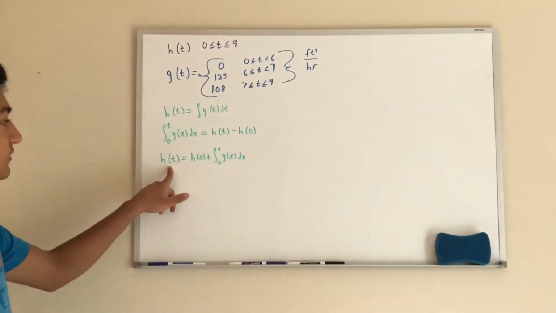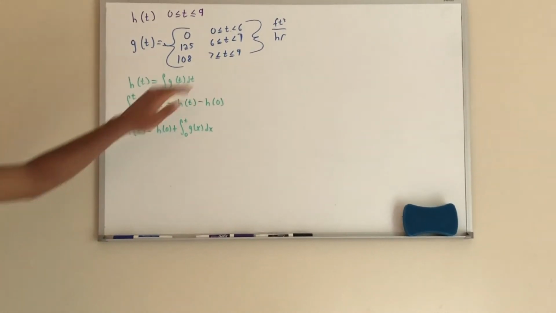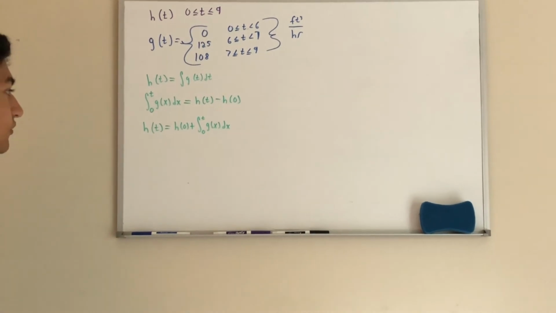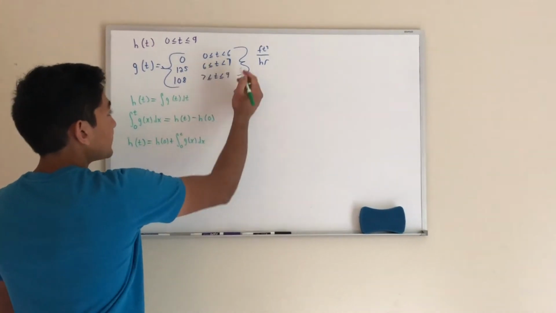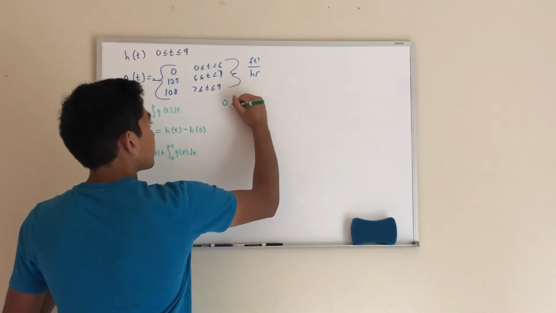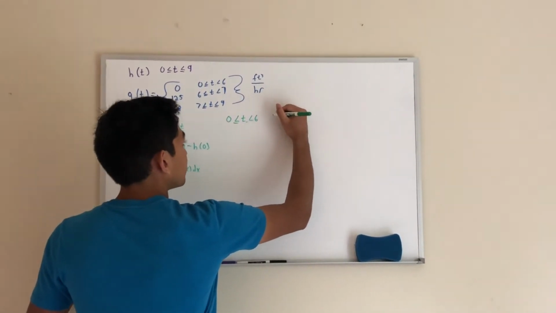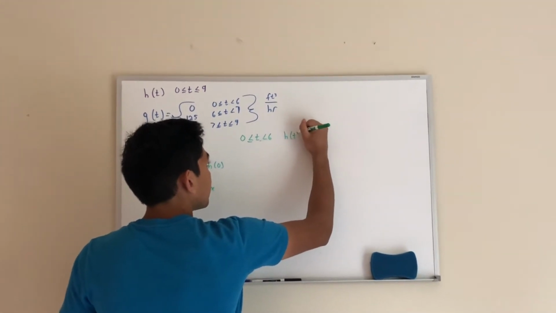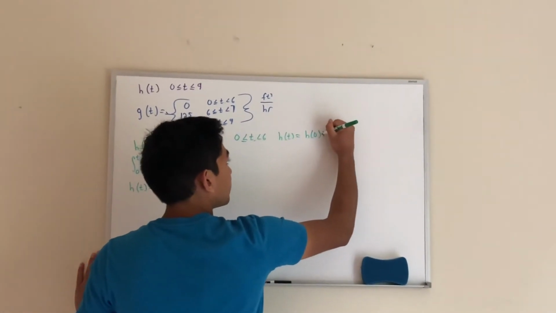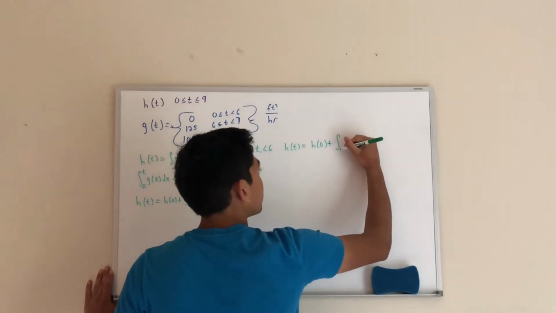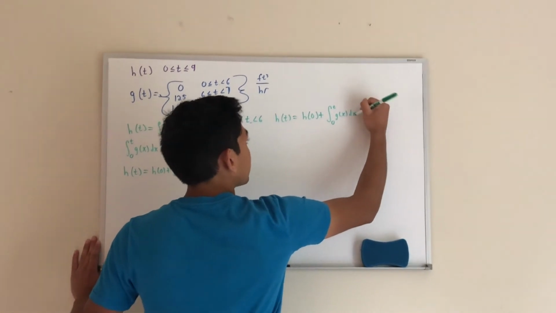Now this would work if h of t was not piecewise, but since it is piecewise, that means that it will have different intervals at which it changes. So we have to solve h of t at different intervals. First we're going to start with the interval from 0 to 6. For this interval, h of t will be equal to h of 0 plus the integral from 0 to t of g of x dx.